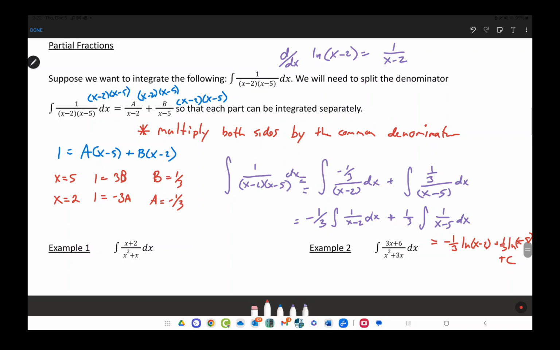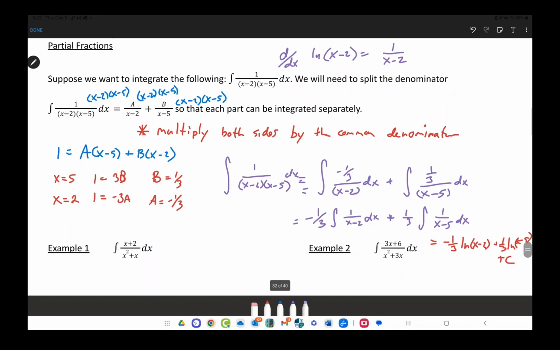Now, there is one issue here. What can we not have inside of our natural log? We cannot have anything less than what? How can I make sure that no matter what value I plug in, it's not less than 0? Absolute values.